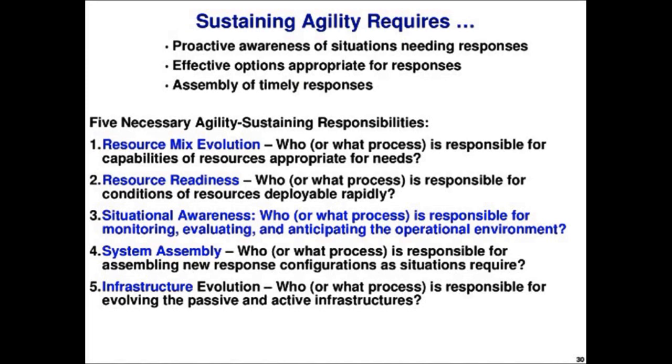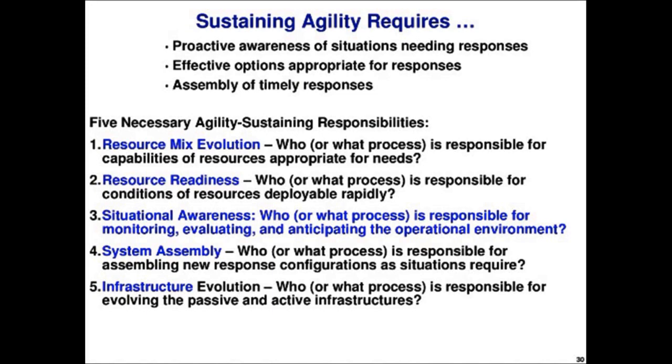Too many places that we've looked at that have a lot of these capabilities, in fact, amount to an inventory space, let's say a tool crib, where somebody went and got some resources, did a job, was done with the resource, brought it back, and it's broke, or it's rusty. So this concept of readiness is different than the concept of mix evolution.